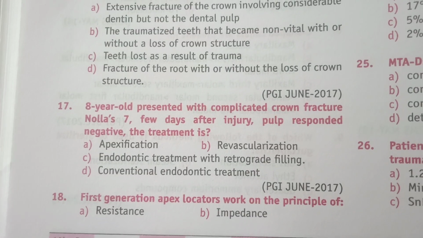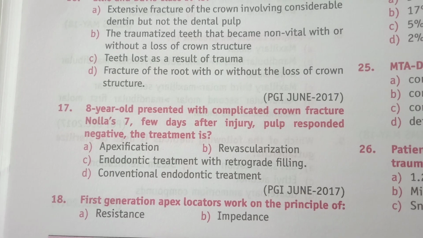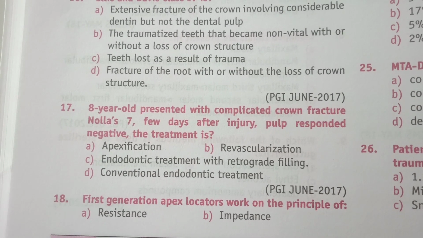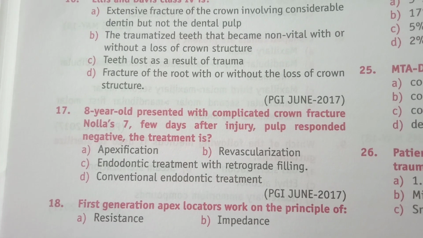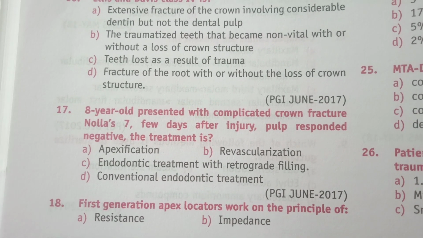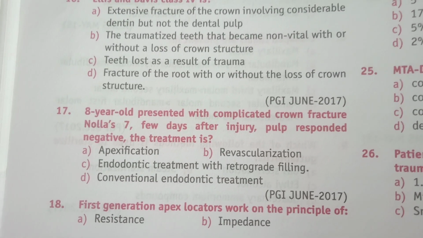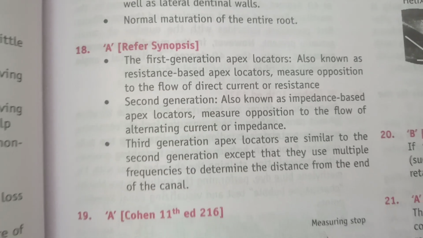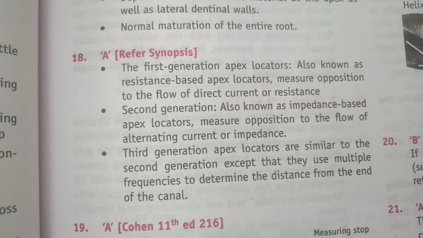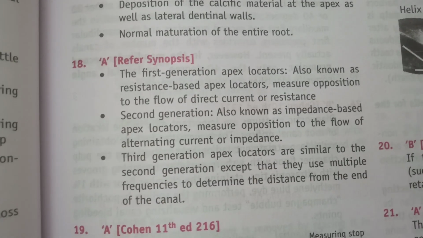18. First generation apex locators work on the principle of resistance, impedance, or efficiency combined. The answer to this question is option A, resistance. We'll go to the explanation part to see the principles of second, third and fourth generations. The first generation apex locator, also known as resistance based apex locator, measures opposition to the flow of direct current, or resistance.